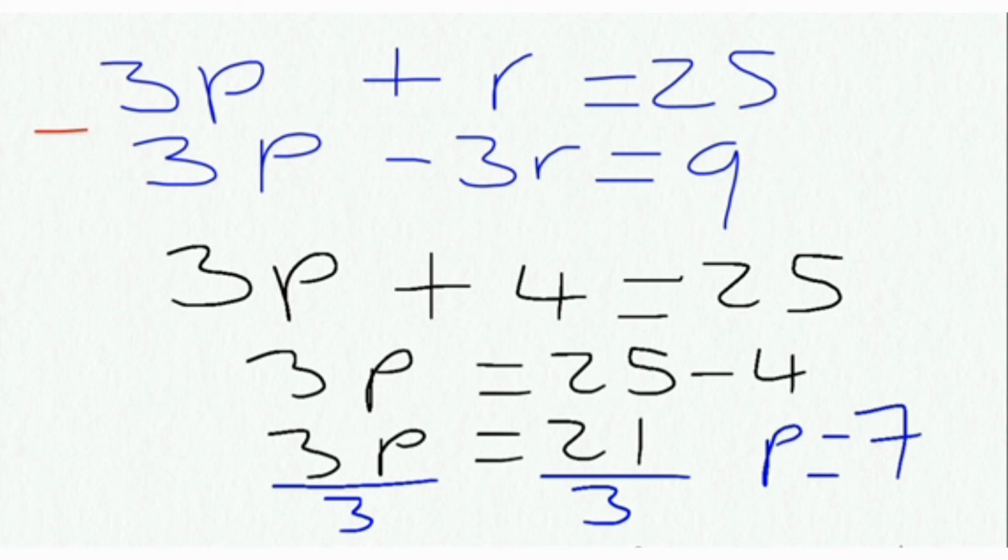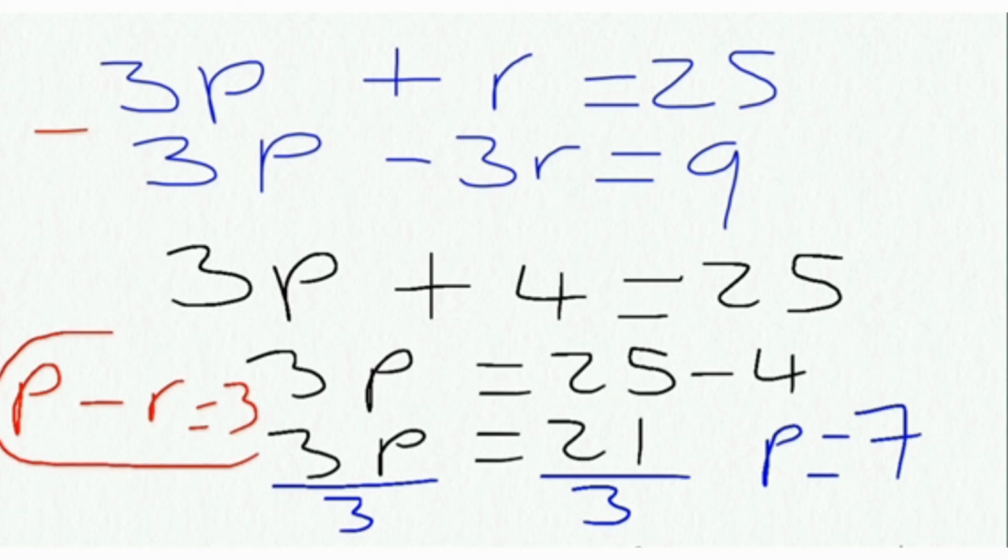Or in the original equation, which was p minus r is equal to 3. 7 minus 4 is equal to 3.